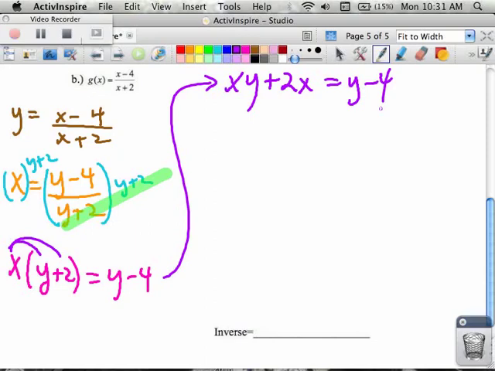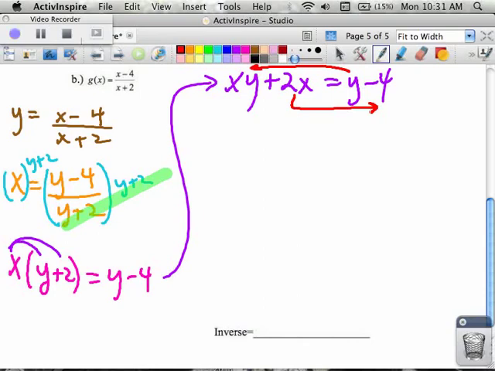So what I'm going to end up doing is moving this y to the left-hand side and this 2x to the right-hand side. And the big mystery, of course, is that when you're moving things back and forth across the equation symbol, they change sign.